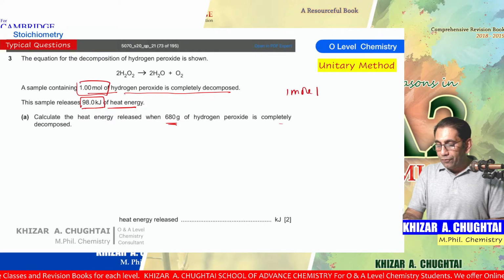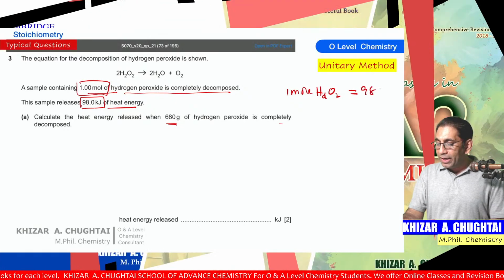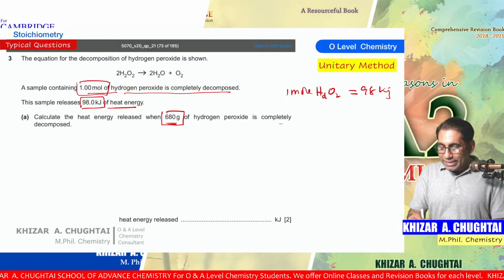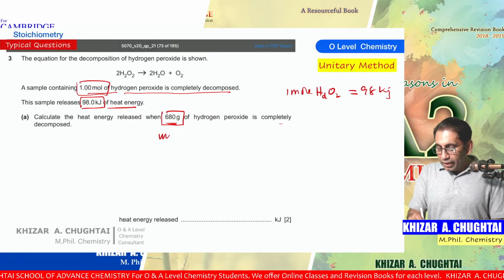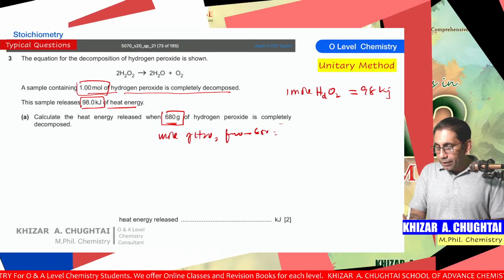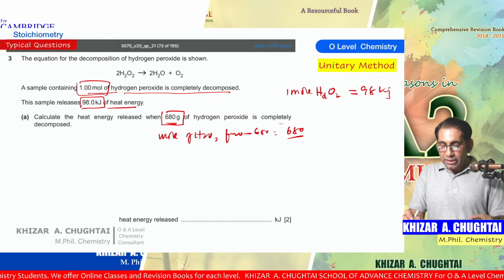1 mole of H2O2 is equal to 98 kilojoules of energy. At the spot we are using 680 gram. So what is the mole of H2O2 from 680? 680 over its MR. What is its MR?